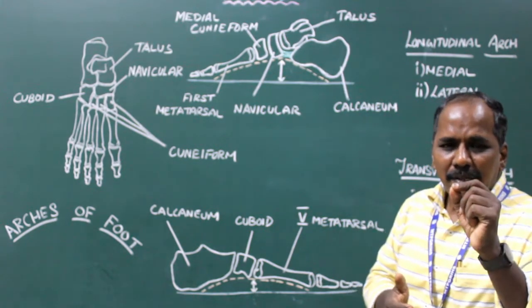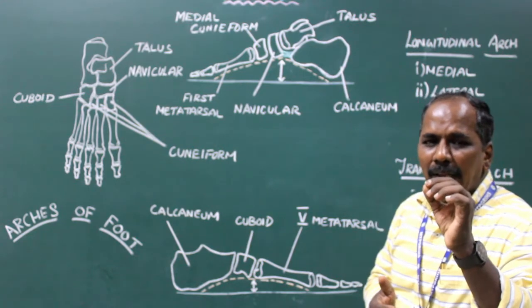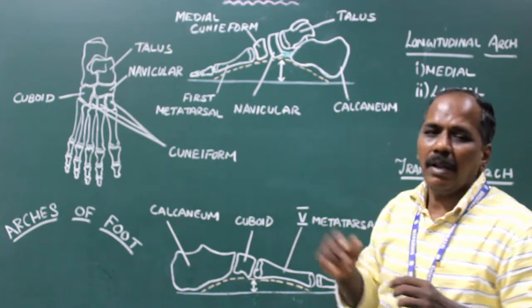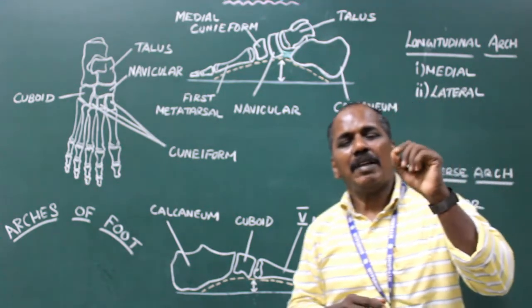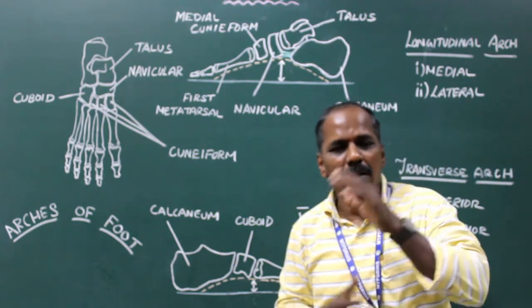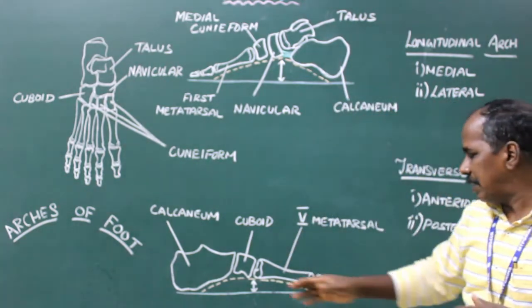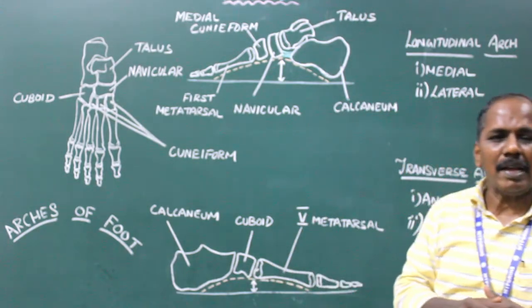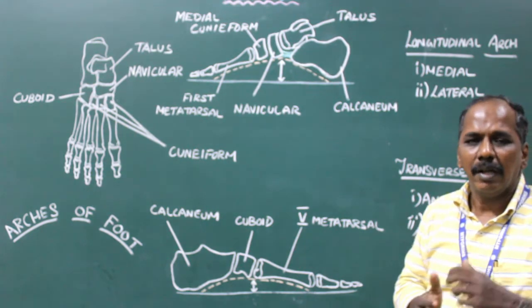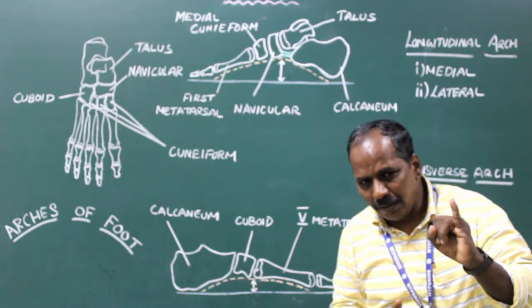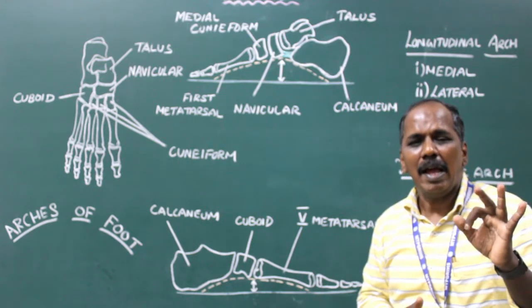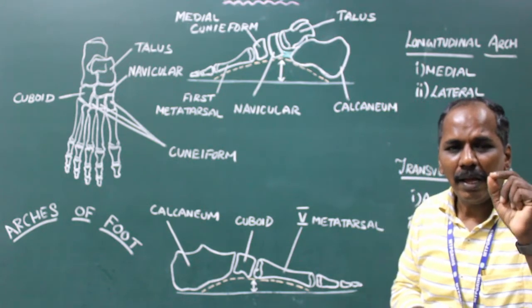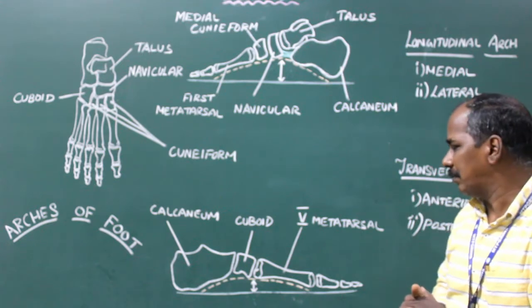The muscles or tendons responsible for maintaining the medial longitudinal arch are tibialis anterior and flexor hallucis longus. The muscles responsible for maintaining the lateral longitudinal arch are the tendon of peroneus longus, peroneus brevis, peroneus tertius and the intrinsic muscles of little toe.